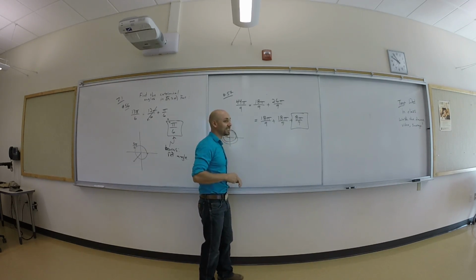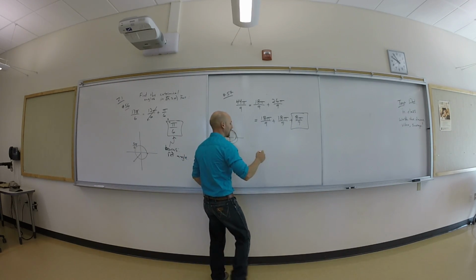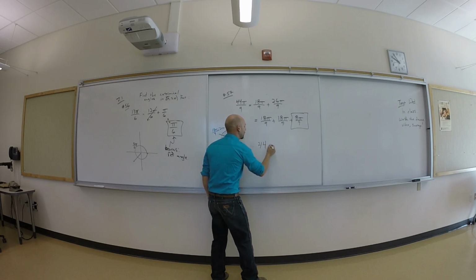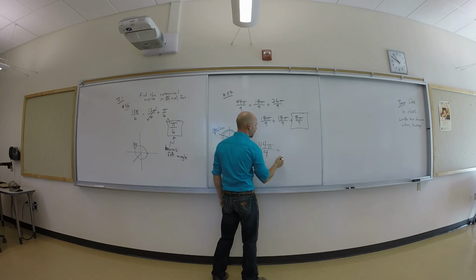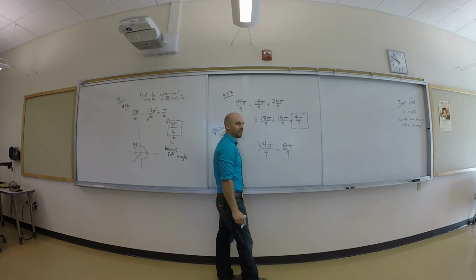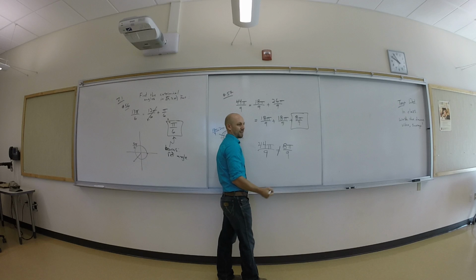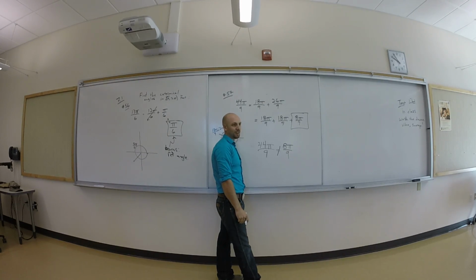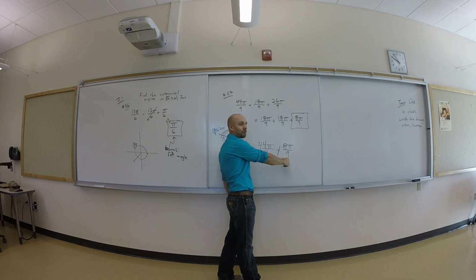So I hesitate to write this down. The thing that I'm trying to stay away from is writing down 44 pi over 9 is 8 pi over 9. Okay, because these are not the same number. You guys see that? They're not the same number because this one wraps twice and that one doesn't.